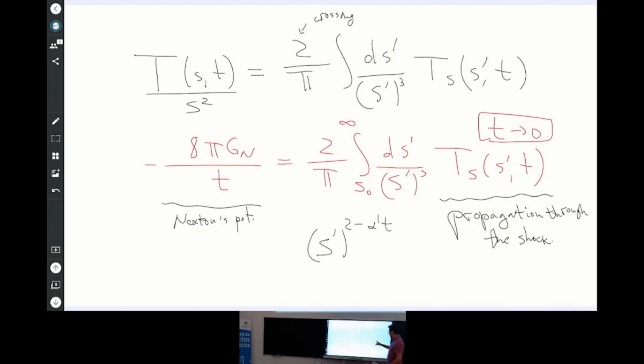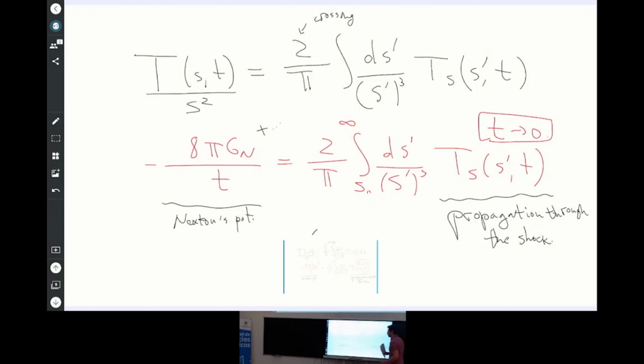Plug it in this formula. The pole does not depend on S naught. It's not an equal sign. I can put 3 dots. I can put some dots here on the left-hand side, but as I try to say again, this is a statement about the pole. This is a statement about the pole. And again, you can turn it into a rigorous Tauberian theorem, but I'm doing something more direct.